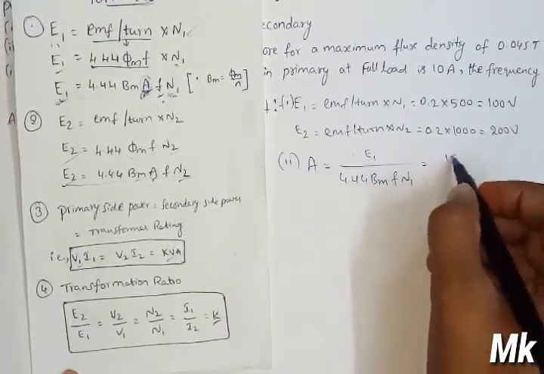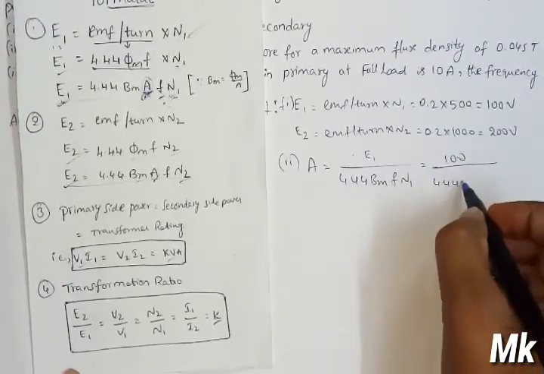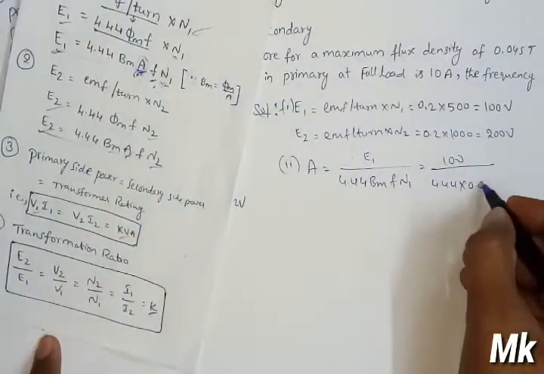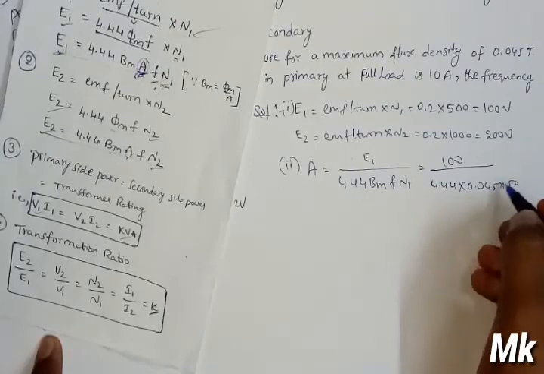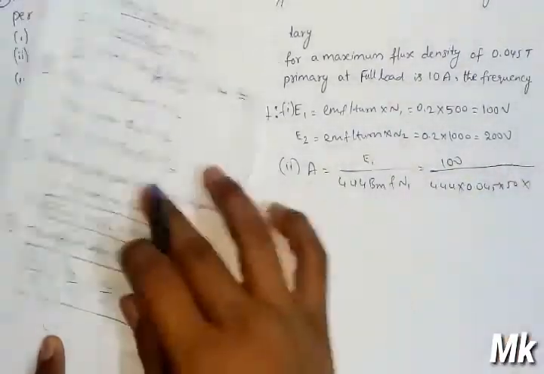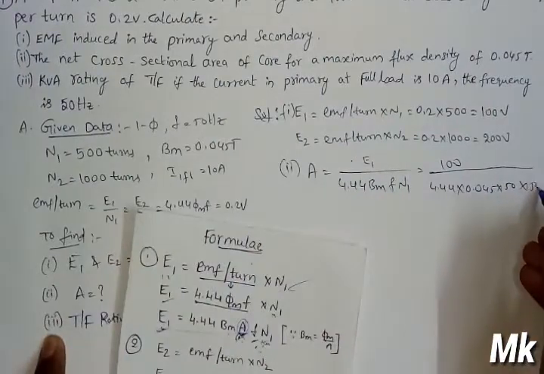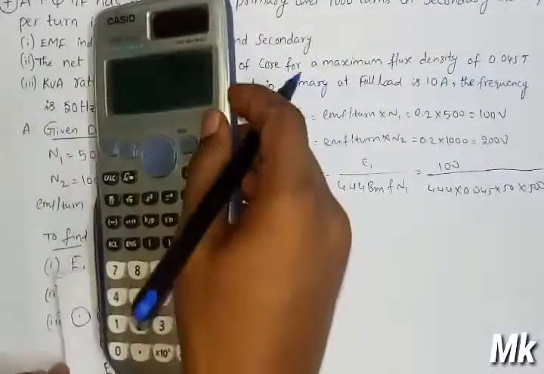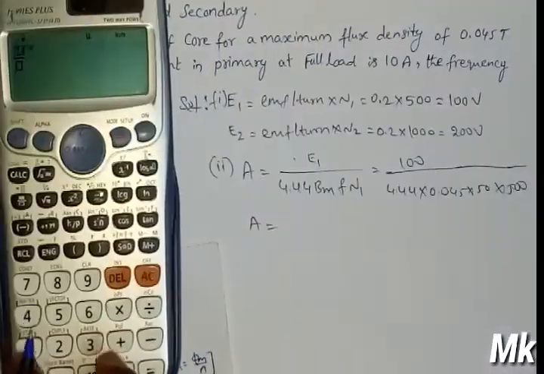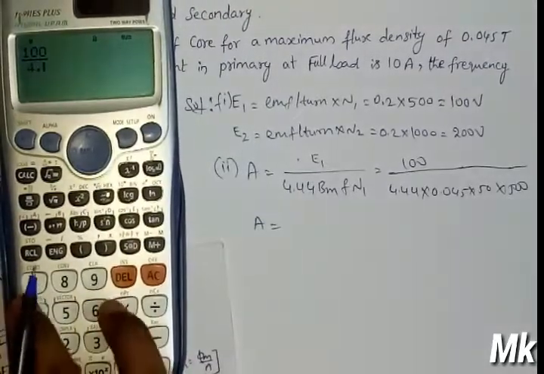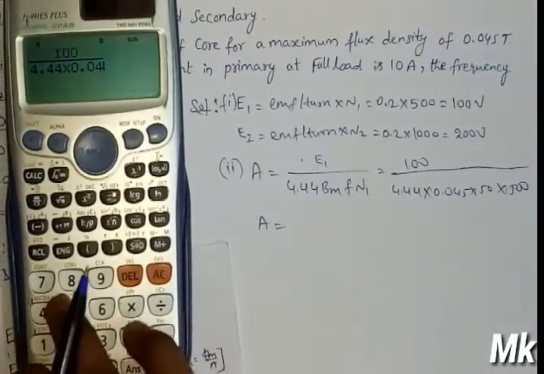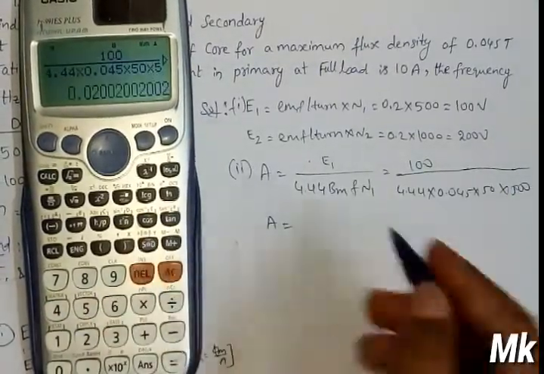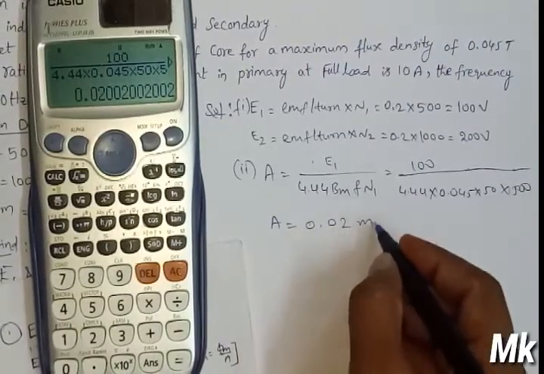Here E1 is 100, Bm value is 0.045, f is 50 Hz and number of turns on primary 500. Then area A is equal to 100 by 4.44 into 0.045 into 50 into 500, that is 0.02 meter square.